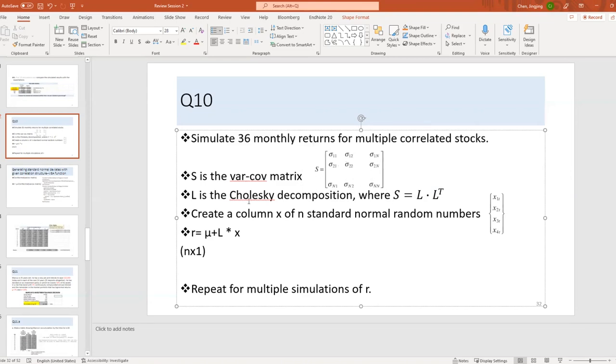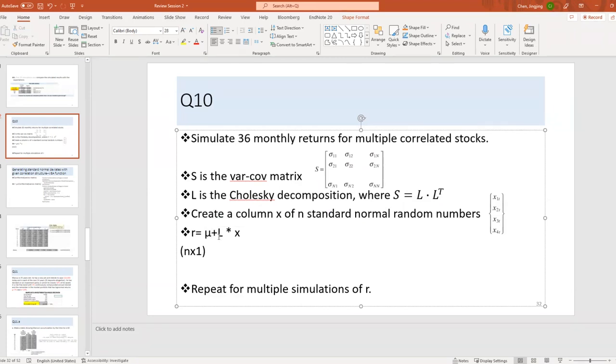We'll utilize the L matrix such that L times L transpose equals S. We need to create different standard normal random numbers, using our normal way of creating them. The return follows this process: we adjust the random numbers by the L matrix and also add mu, the drift, to the process.